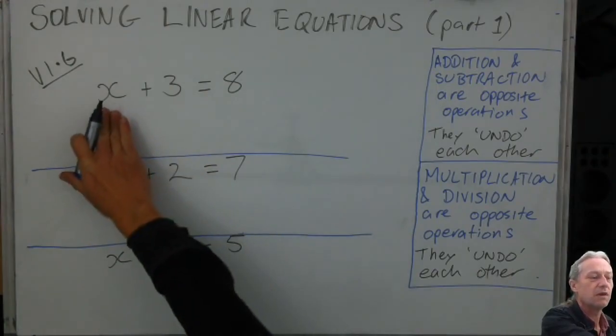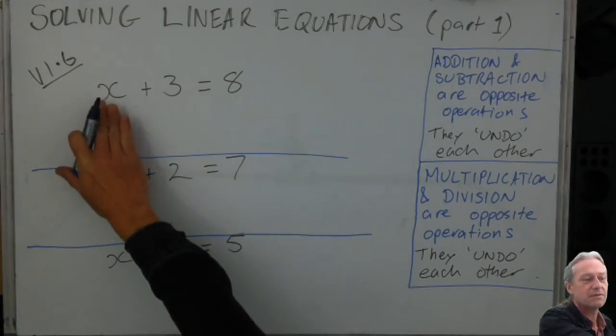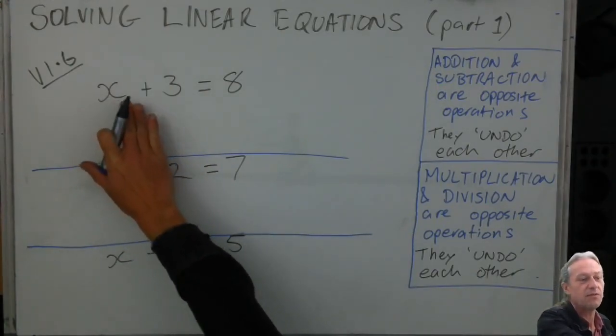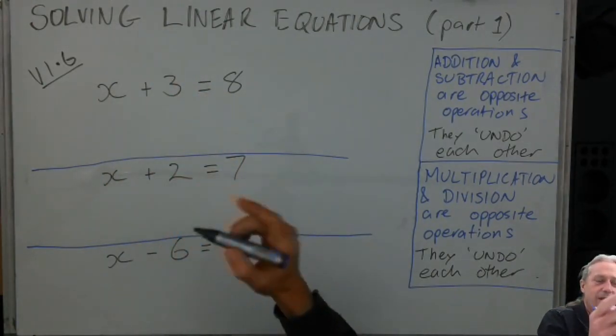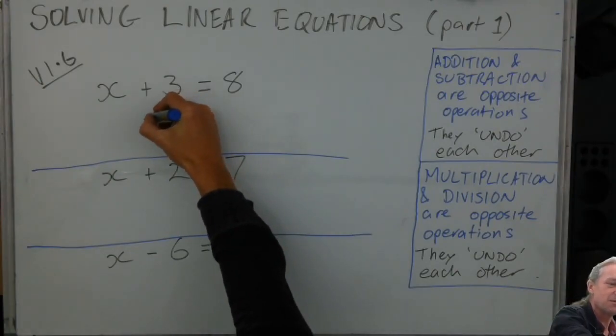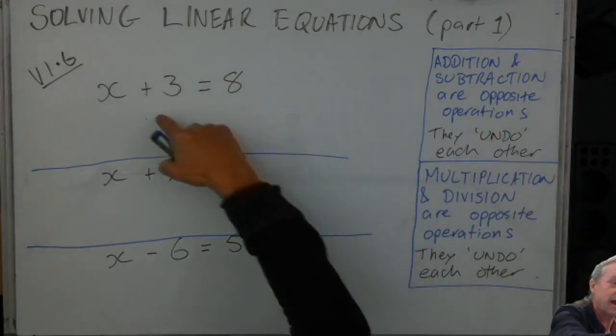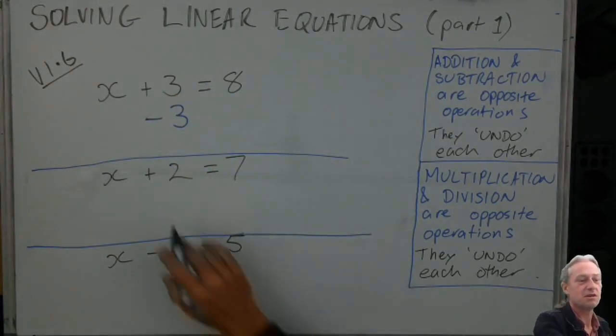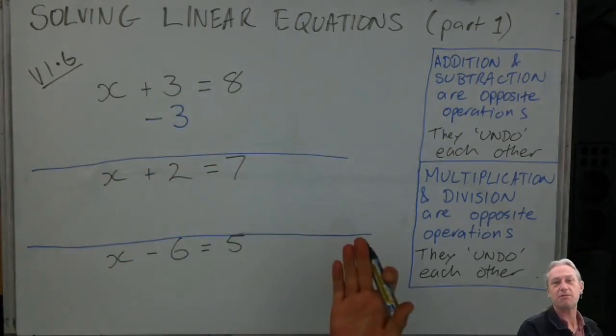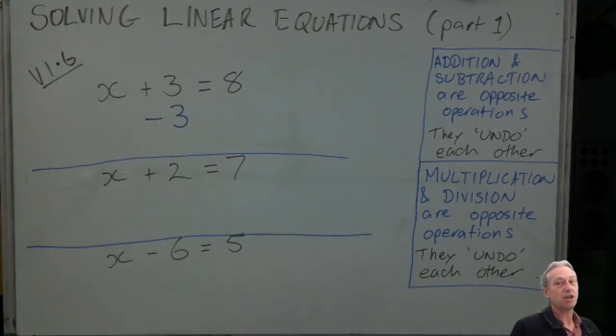So if we're starting off with our unknown, and we add 3 to it, then the idea is we're going to undo this adding 3 by subtracting 3. If we add 3 to something and then take 3 away, it's like we're not doing anything.